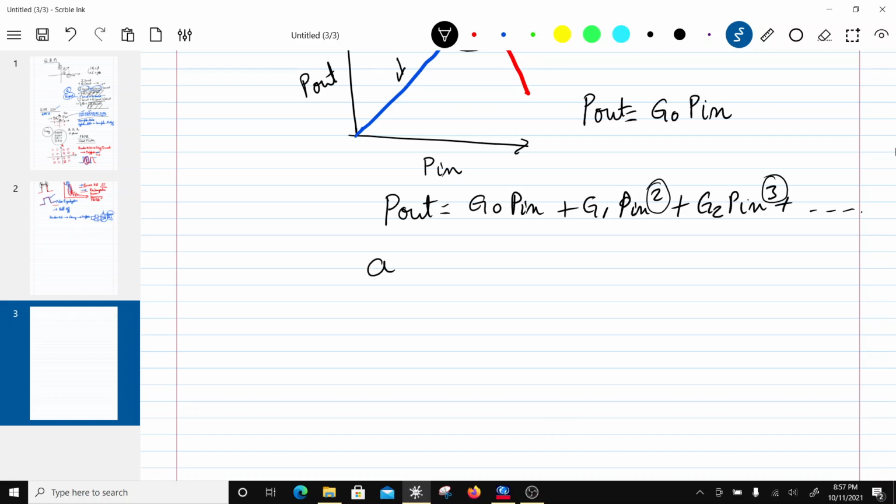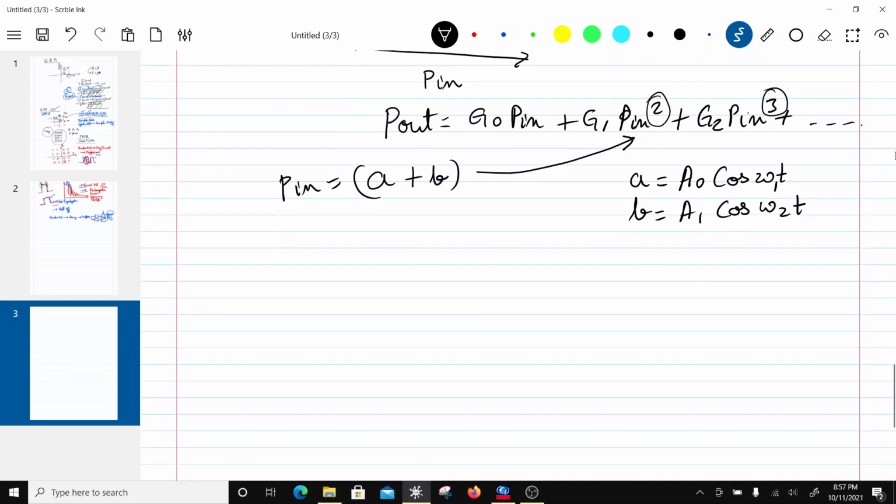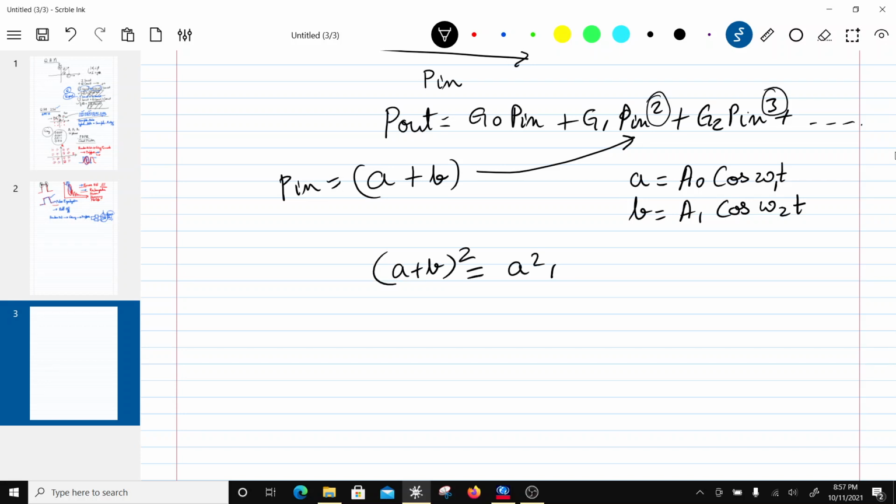If I take two signals A and B and add them, so these are two tones now, I can say A is equal to A0 cos omega 1 t, and B is A1 cos omega 2 t. When I take these two as P in, this is a two-tone input. If I subject this to the square nature of this characteristic, then this will become (A plus B) square, which will be A square plus B square plus twice AB.